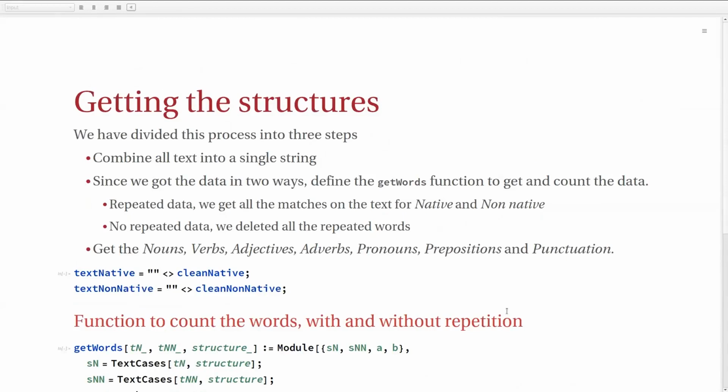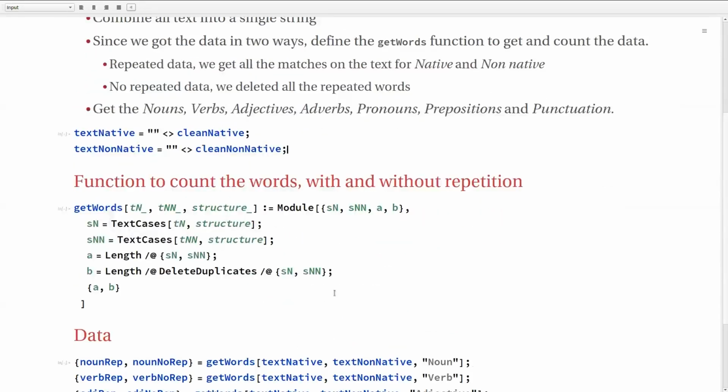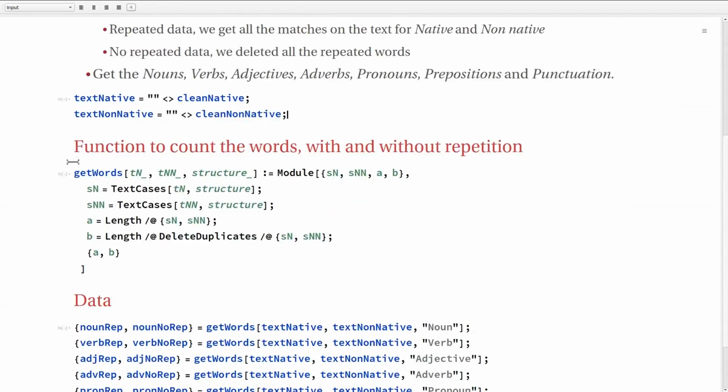So what is the next thing to do? Well, in our process we combined all the text into a single string. Here we can see it. And we defined the function getWords to get the lexical features and count the data.